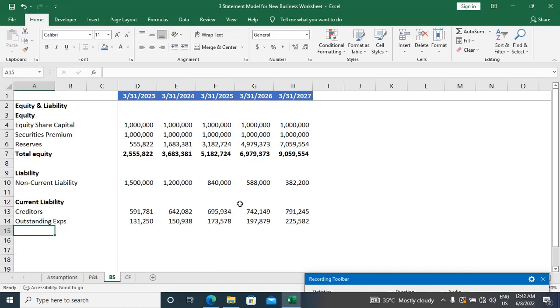Then the total liabilities part. How much will total liabilities be?